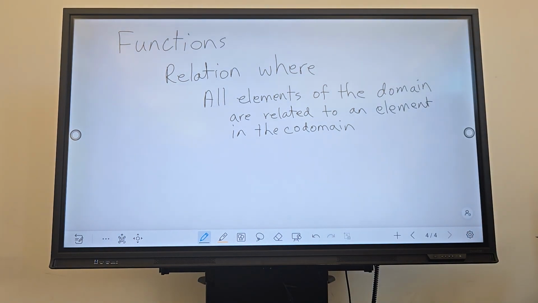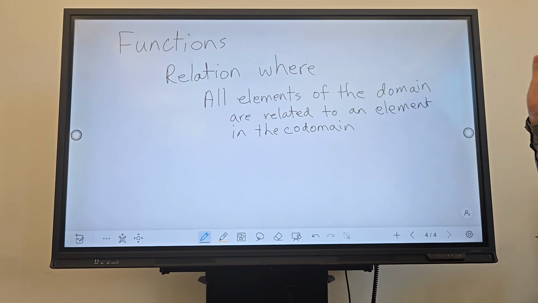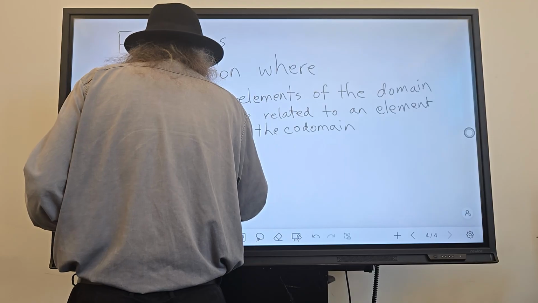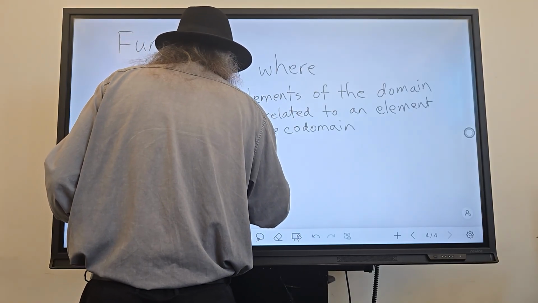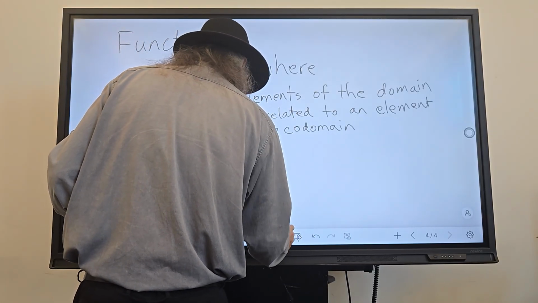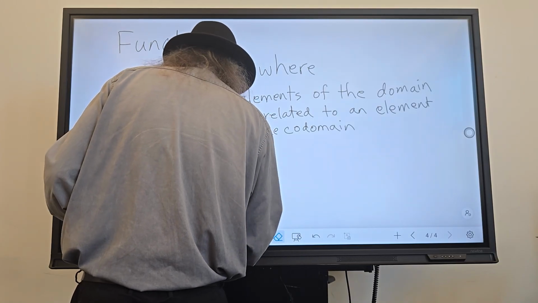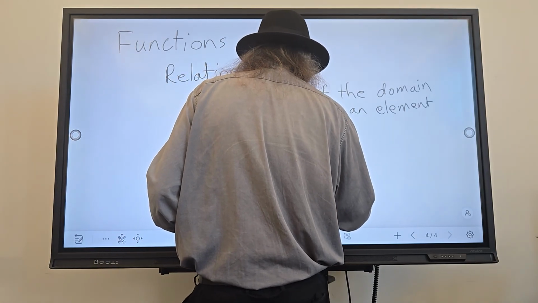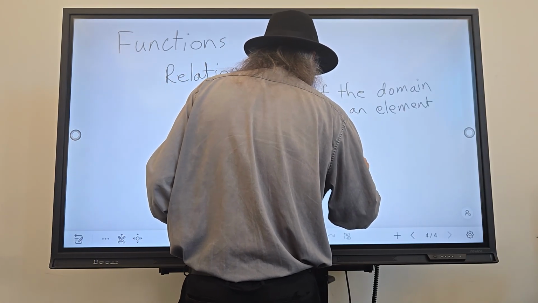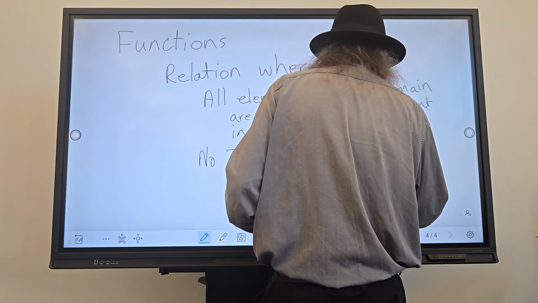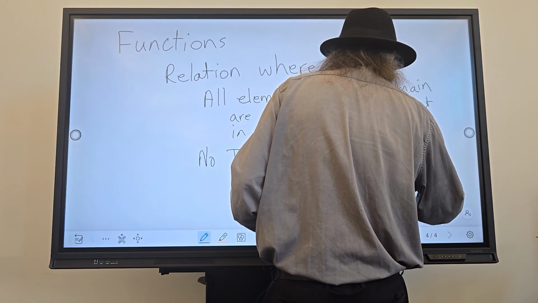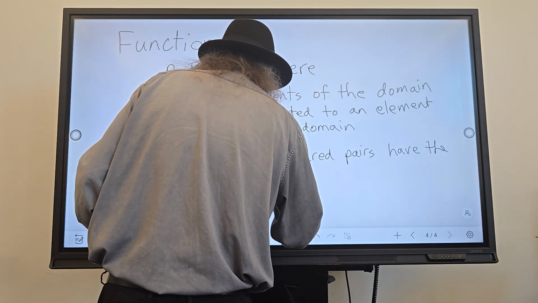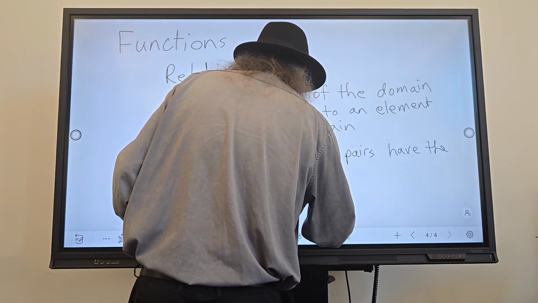Now, what makes a function really different is that no two ordered pairs have the same first element.